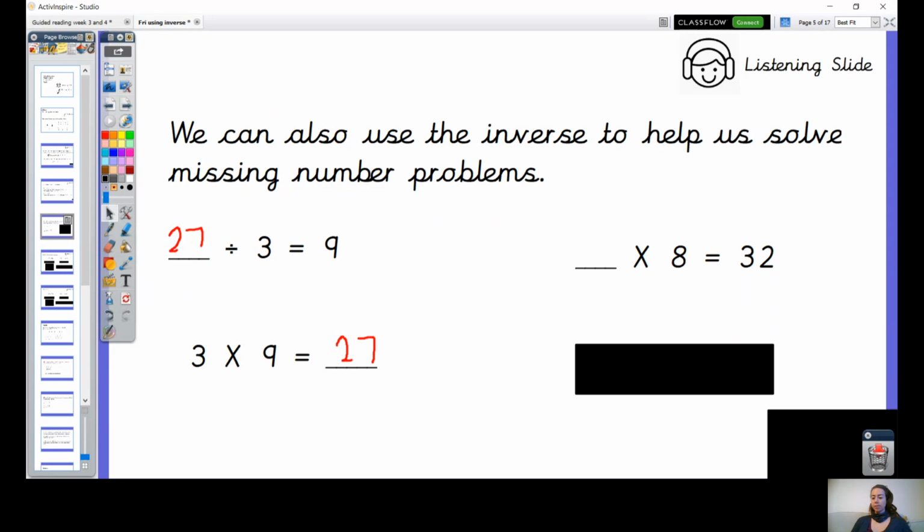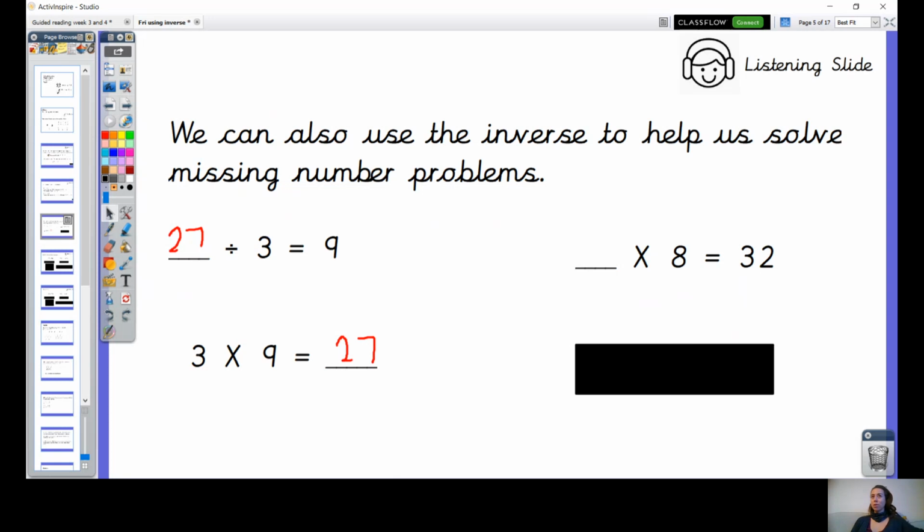Okay, listen again. So we've got another example here. Now this time it's a multiplication number sentence to start with. So what calculation are we going to be doing this time as the inverse? Yeah, we're going to be doing a division calculation this time as the inverse. So what we've got is something times 8 is 32.